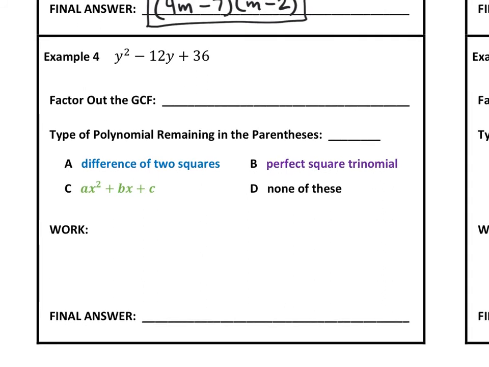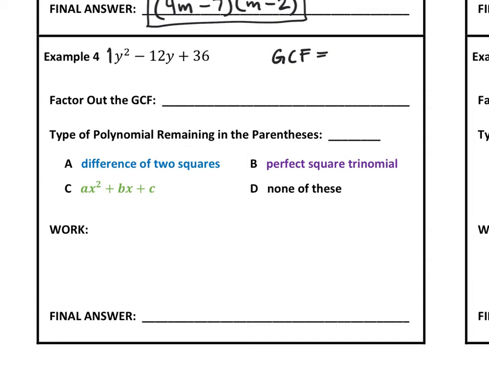Let's check to see if there's a GCF. These terms don't have a common variable. Remember, there's a 1 in front of the y squared. If it's not written out, we assume there's a 1, and so there's no number that can divide all of these.